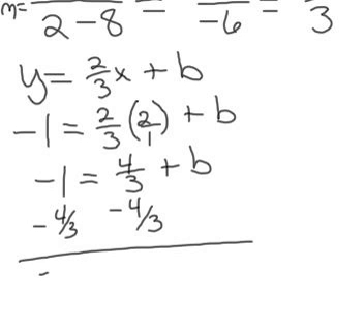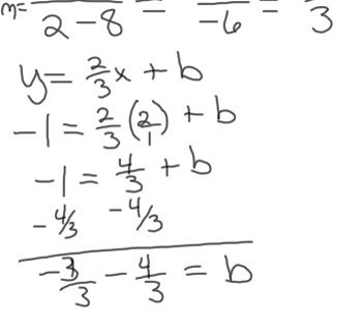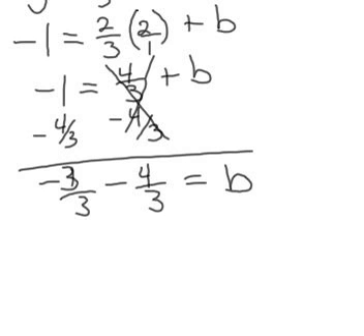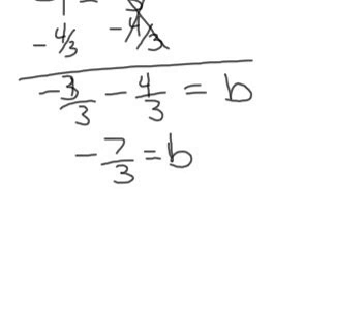So we've really got -3/3 minus 4/3 equals b, because the 4/3 and 4/3 cross out. And so -3/3 minus 4/3 would be -7/3 equals b, which you could leave, or you could also leave it as, that would be what, negative 2 1/3.